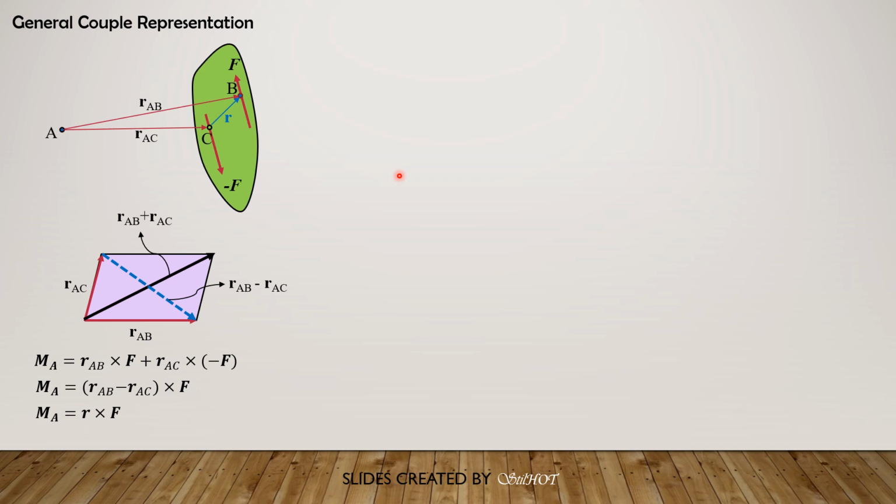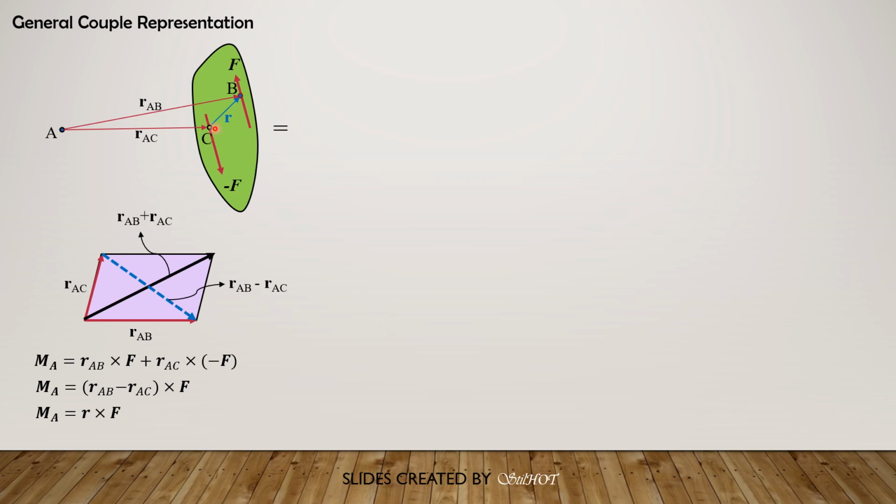The result is still R cross F. This is defined as the moment about point A, or any independent point between the two forces that are equal in magnitude but oppositely directed, known as the couple. So that's the principle. For any moment center, the magnitude and sense of the couple remains unchanged. I hope you get that.